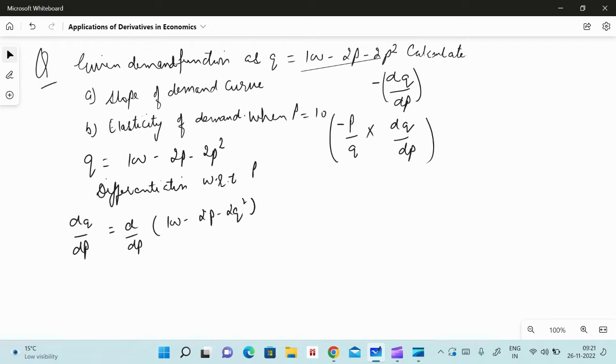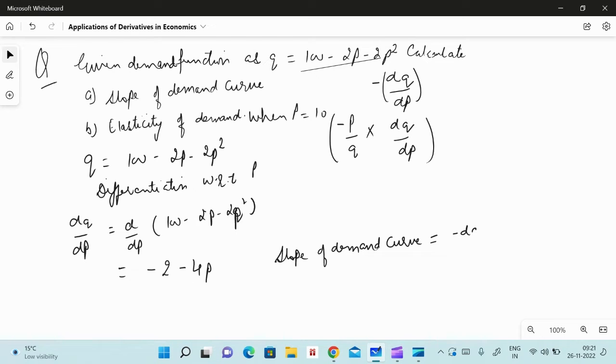The derivative of 100 is 0, being a constant term, the derivative of minus 2p is minus 2, and the derivative of minus 2p square is minus 4p.